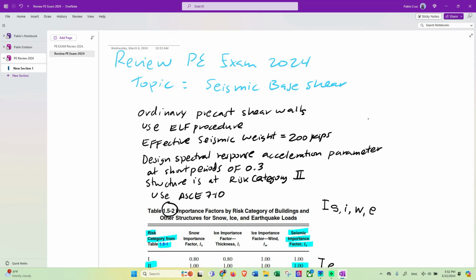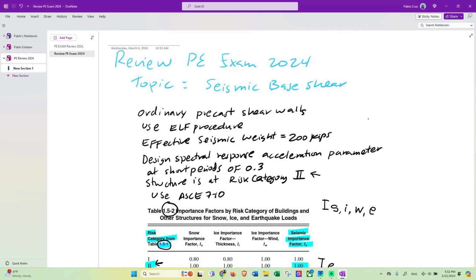In this case, we have been given this value: the risk category is risk category 2. So we have risk category 2 here in this column. These values come from Table 1.5-1.